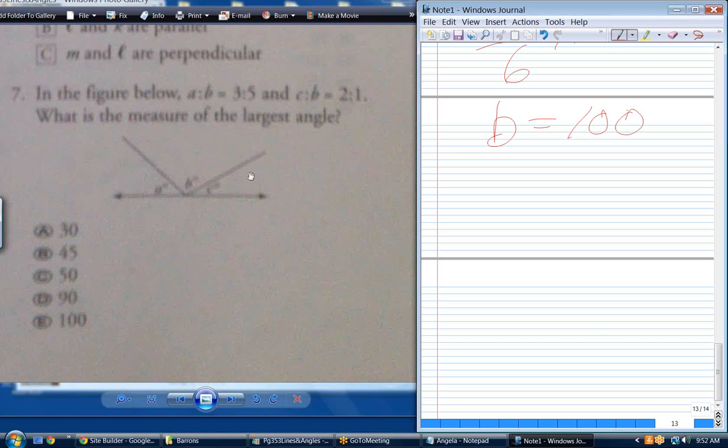C is. Right, they've drawn this not to scale. So C is equal to 100, not B, if we're back solving it. Okay. So what would that make B? That would make B 50. And A?